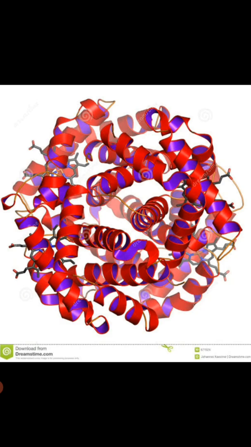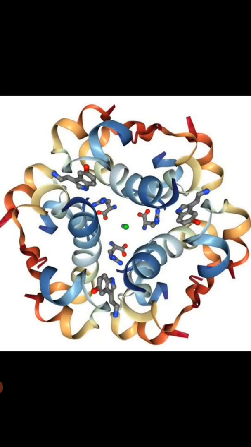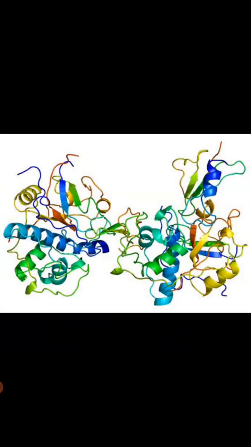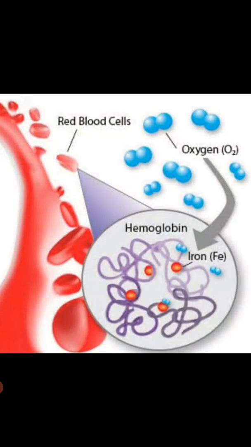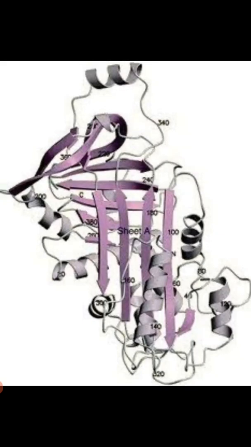Now hormones like insulin from pancreas. Then we have thyroglobulin from thyroid glands. Hemoglobin which is present in blood and albumin which is present in eggs. These are the examples of globular proteins.